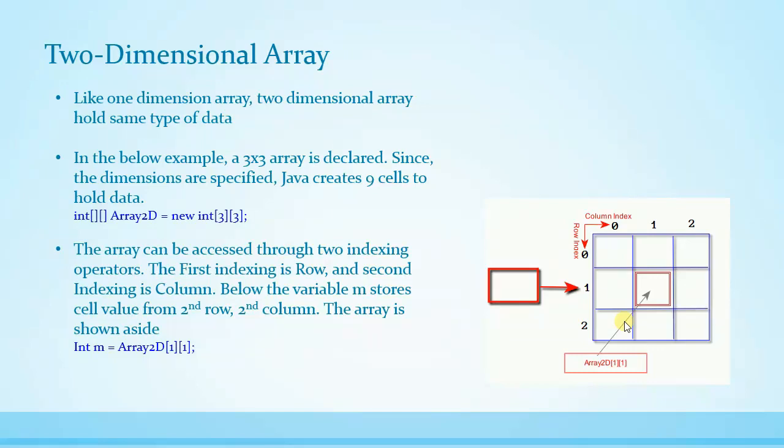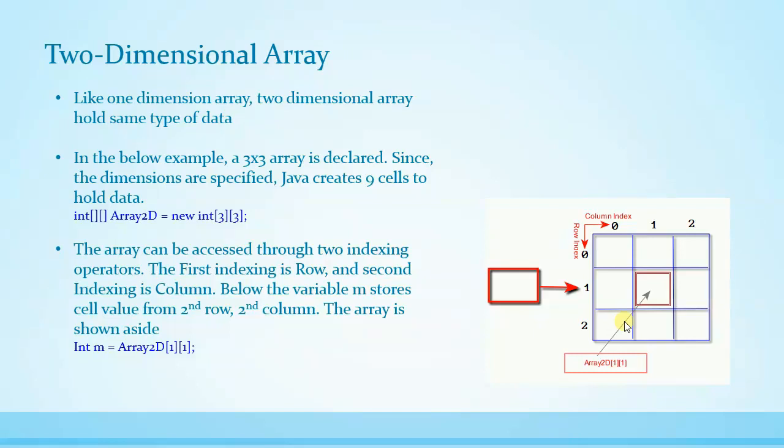Since the first square bracket specifies the row, we know the second row is identified by the index 1. Then by the second dimension, the second column, index 1, is specified here.